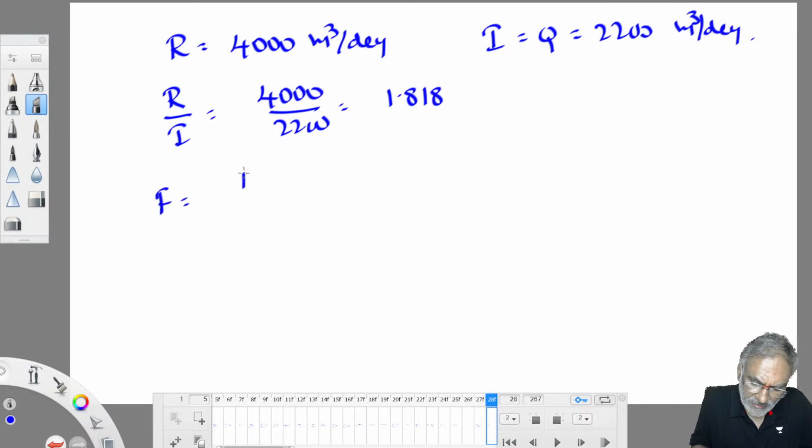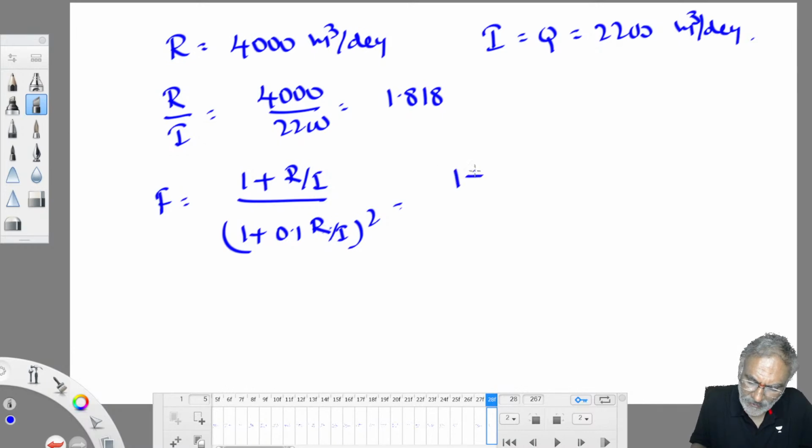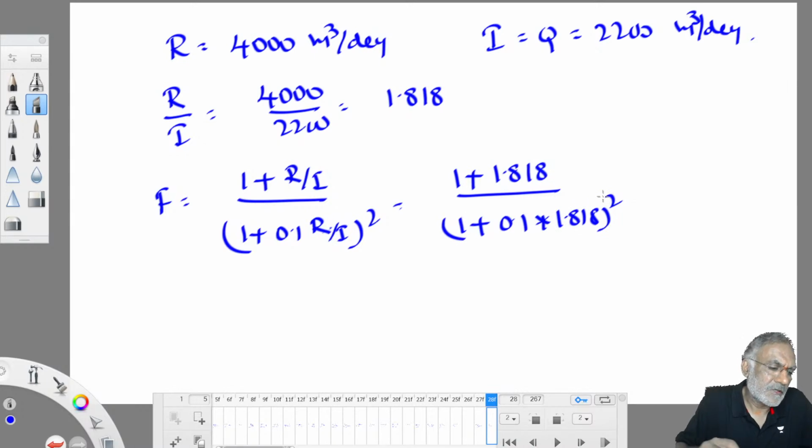So F is equal to 1 plus R by I by 1 plus 0.1 R by I whole square. So 1 plus 1.818 by 1 plus 0.1 into 1.818 whole square. Can I work out this value?